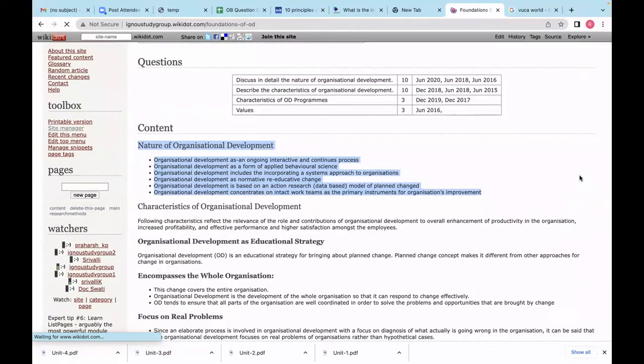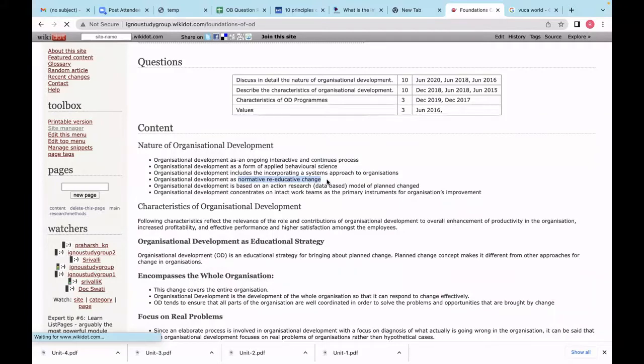It is a normative re-educative change. Okay, I'll explain this term. The underlying word here is norm. What is a norm? Something which is accepted by people as normal.